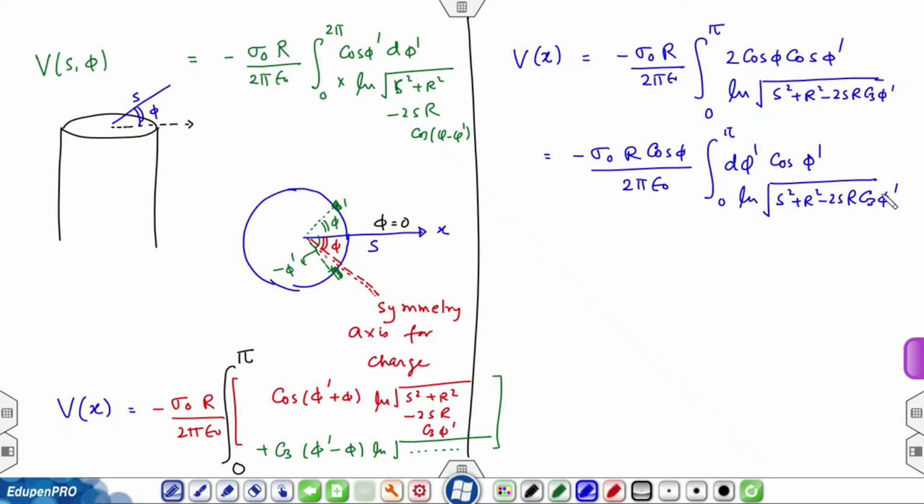Let me see if I am missing r somewhere. When I did the integration over the surface, I should have had an r. No, this is fine.